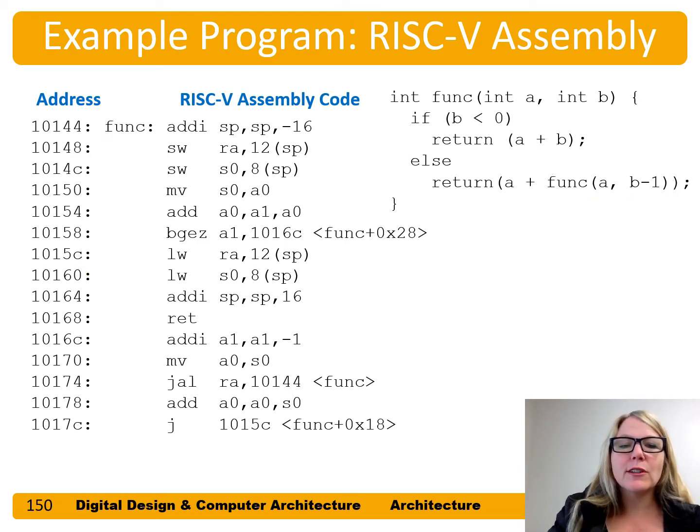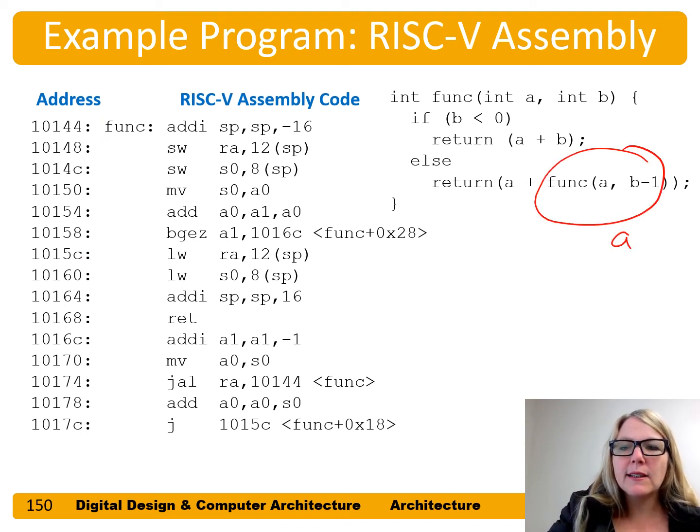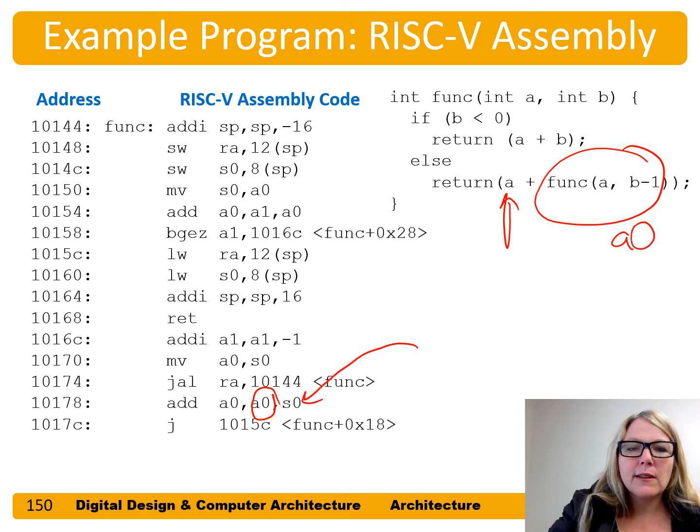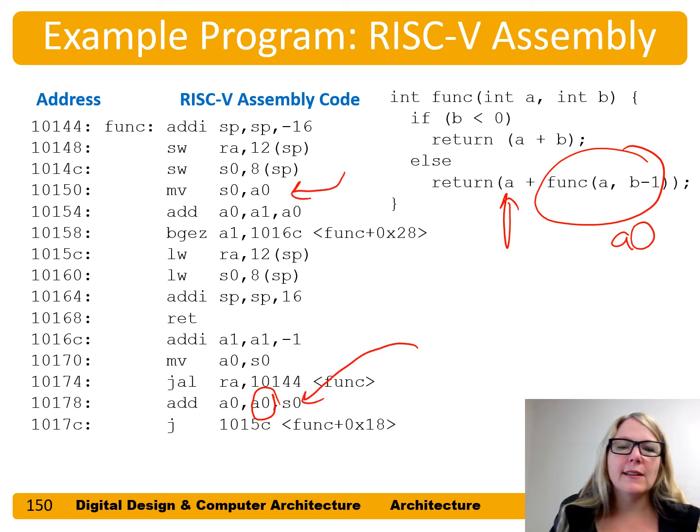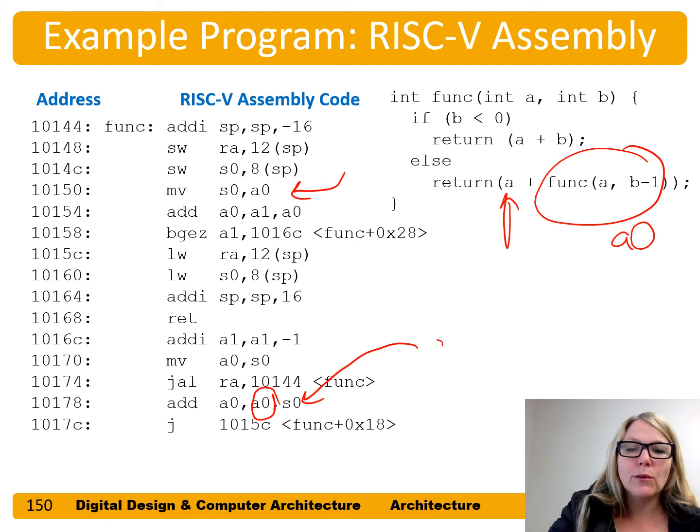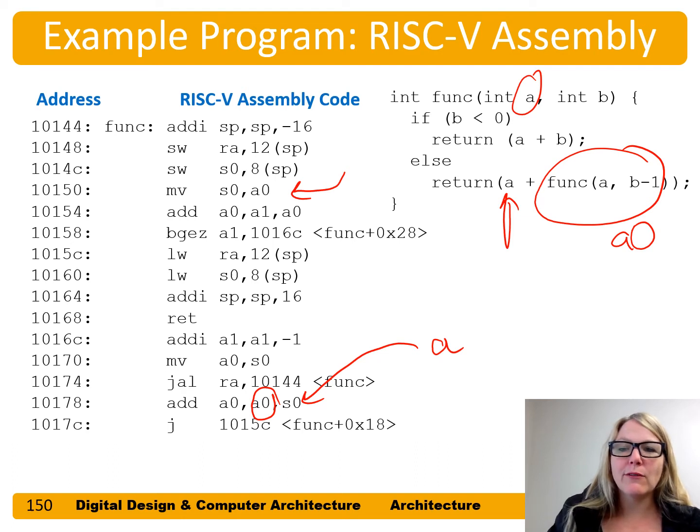Once that function returns, then the return value is going to be held in A0 by convention. And so the function then adds A0, that return value, with A. And remember, we put A into S0 before the function was called, and so we know that the saved registers are preserved across function calls, so S0 is going to hold the value A across a function call, even when that function returns.